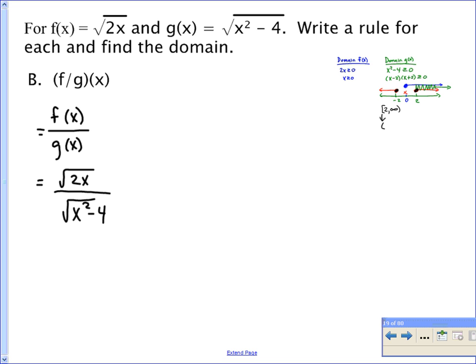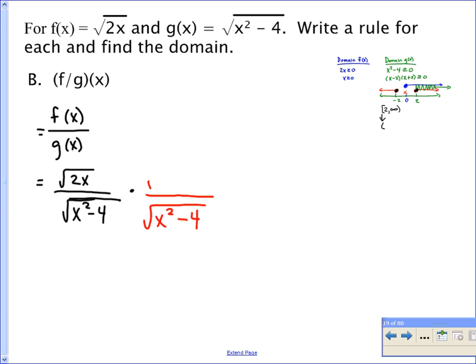So if I put them under one radical, and use the 2x over the x squared minus 4 as one radicand, then it's not really going to help me cancel anything out. What I notice is that I have a radical in the denominator. So I told you earlier I would rationalize this and show you how to rationalize it. We want to get rid of the radical in the denominator.